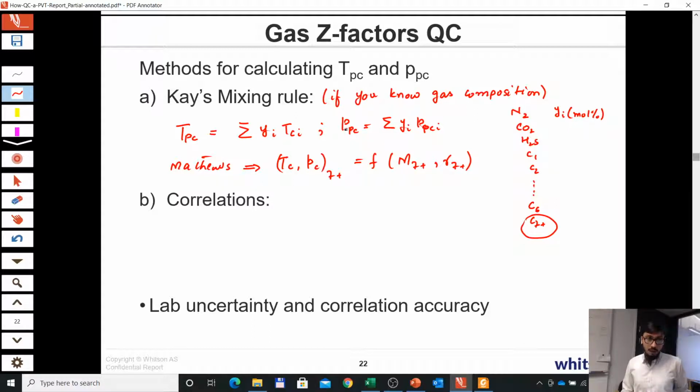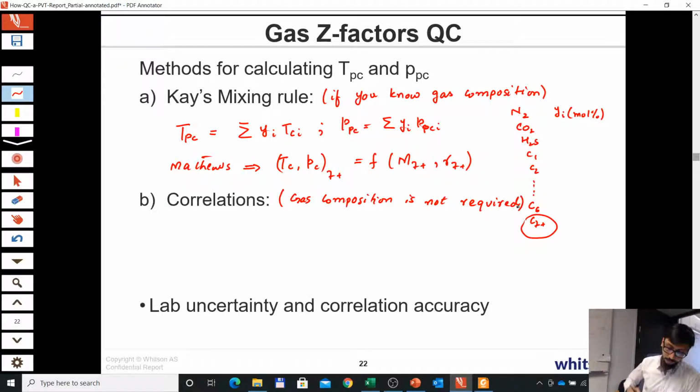The second method is based on correlation, and there the gas composition is not required.